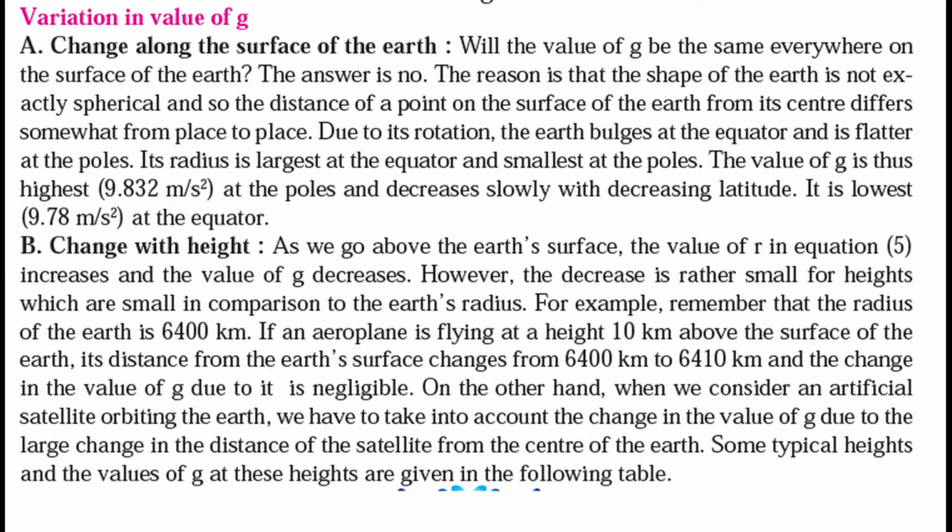Remember that the radius of the Earth is 6,400 kilometers, which is quite big. If an aeroplane is flying at a height of 10 kilometers above the surface of the Earth, its distance from the Earth's center changes from 6,400 kilometers to 6,410 kilometers, and the change in the value of g due to it is very small, negligible.